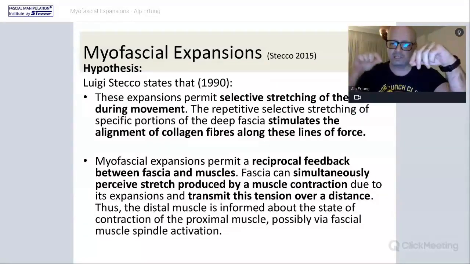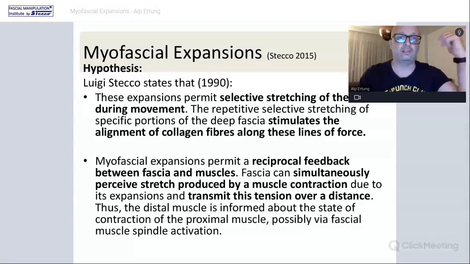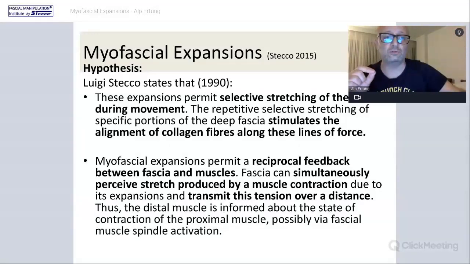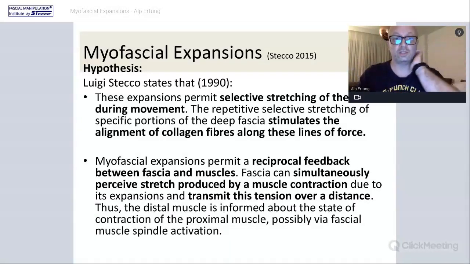They have specific connections with each other, and because of that, there is selective stretching of the fascia during movement. Every contraction causes selective stretching in the fascial tissues.